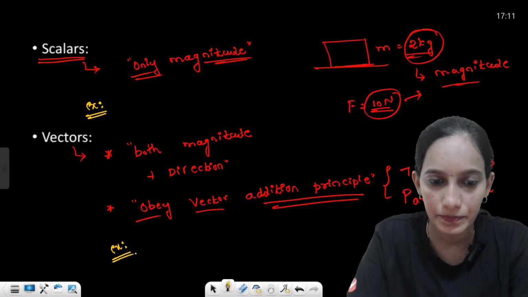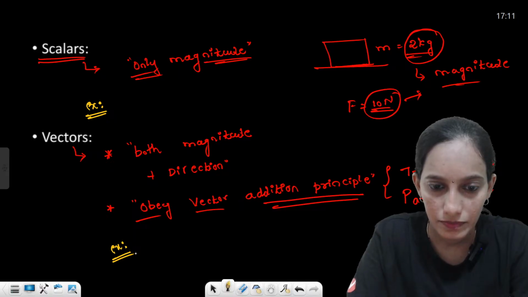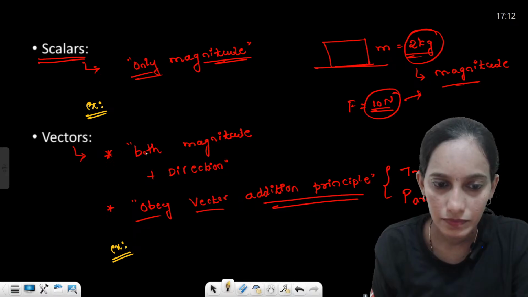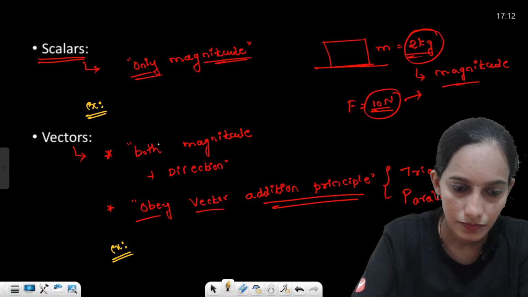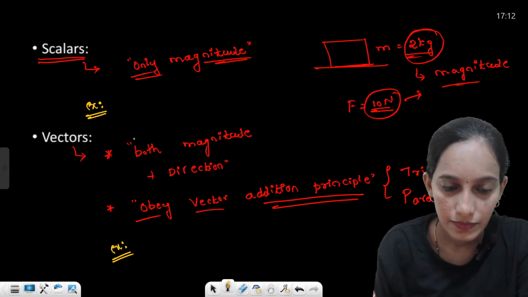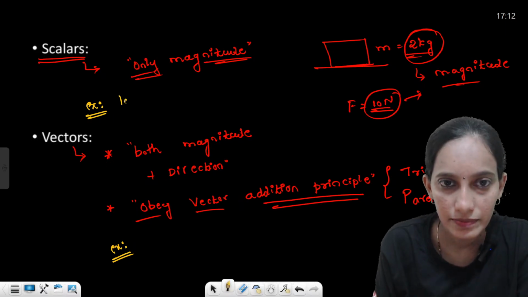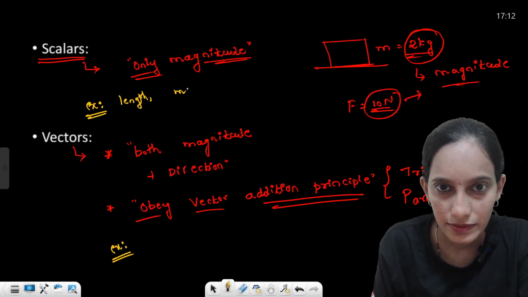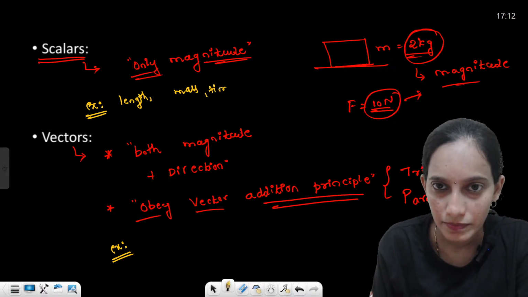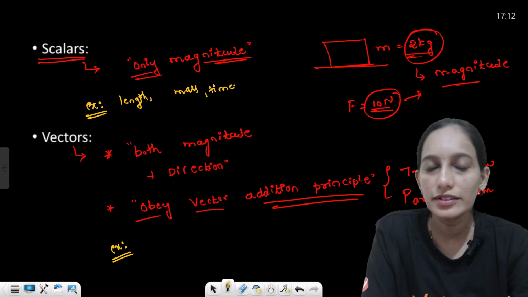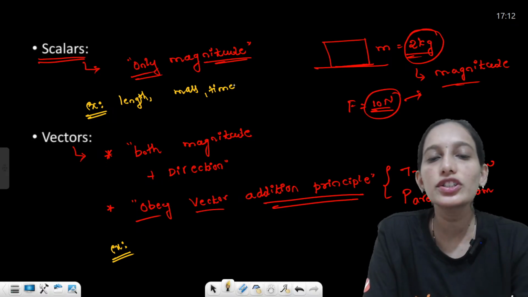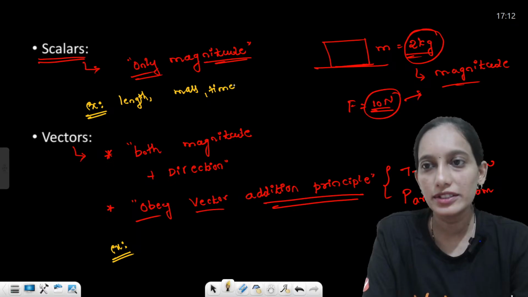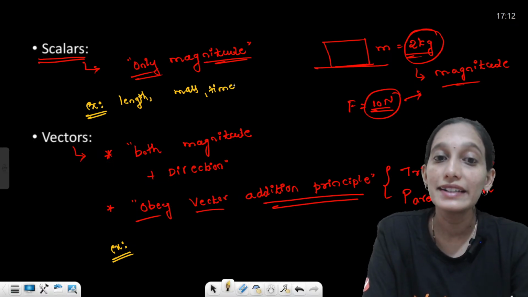Yes: length, mass, time. We just say, in terms of magnitude, 10 kg, 20 kg mass, 10 centimeter length, 100 meter; like that we mention the quantity or size. There is no direction that is important.